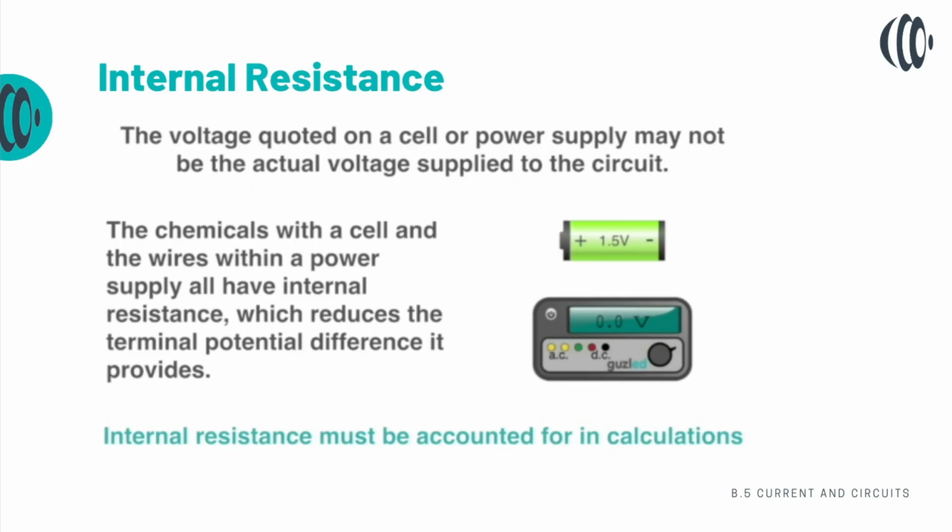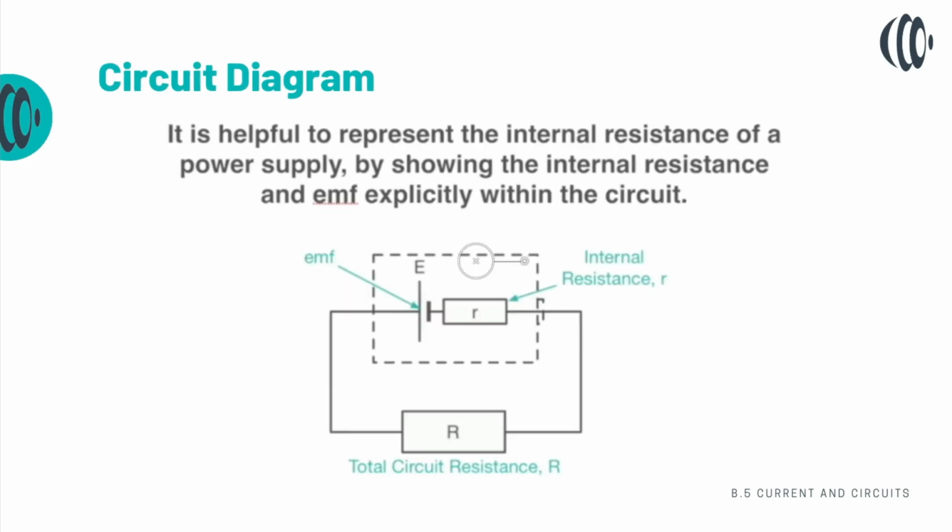Inside this power supply, there are little wires, and those little wires pose a resistance to the current flowing through it. Now, this resistance has to be accounted for in calculations.